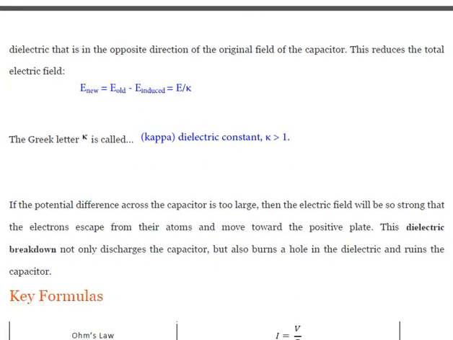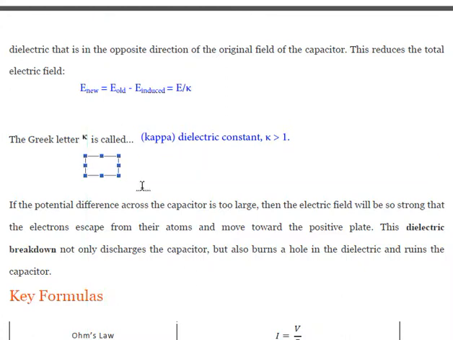Alright, so we can shrink an electric field. It seems counterintuitive that that would be something that helps, right? But for a parallel plate capacitor, that reduction in the electric field means the potential difference is also reduced.